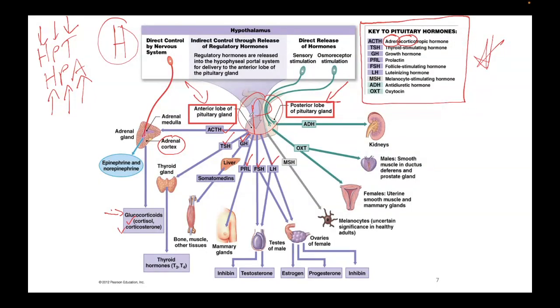Now, that goes from the hypothalamus to the anterior pituitary to the adrenal, and we make these hormones. There's another path that goes directly from the brain down the spinal cord to the adrenal medulla. Right, it bypasses the pituitary. So it goes right from the brain, the hypothalamus, right to the adrenal medulla, where we push out adrenaline and noradrenaline, also known as epinephrine and norepinephrine.